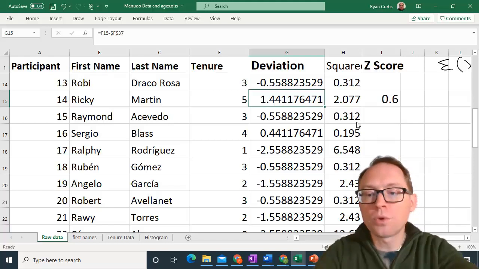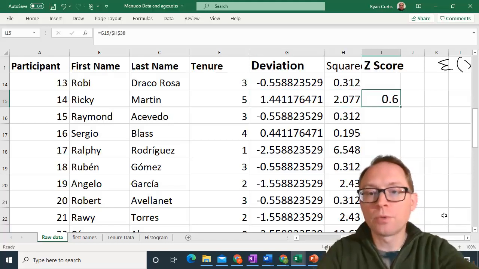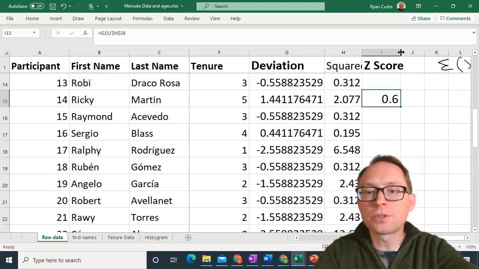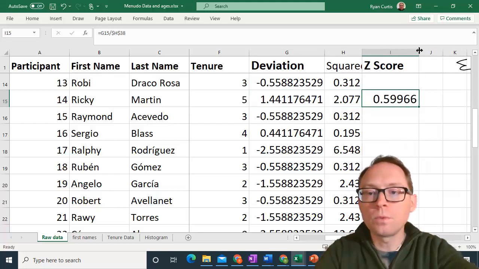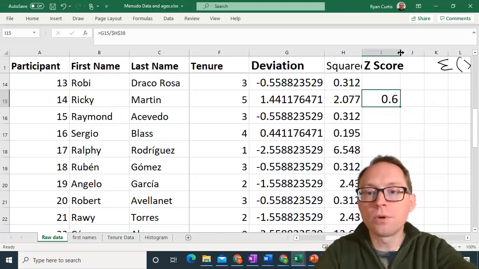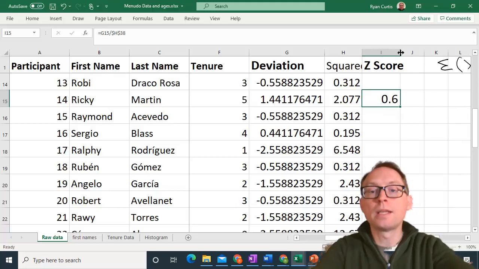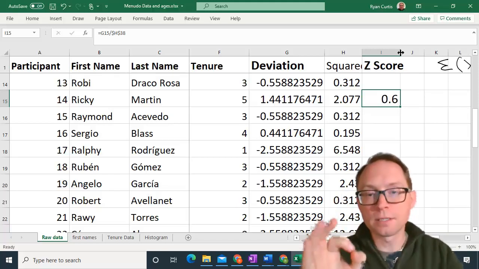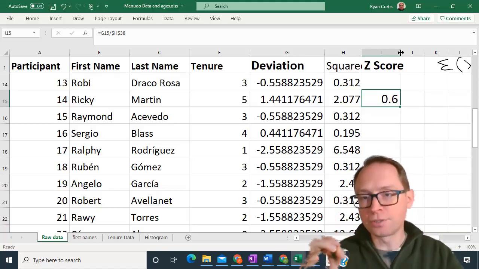We squared that deviation in order to find the sum of squares. But his z-score, what you see right here, is 0.599, which rounds to 0.6. His z-score means that he is 0.6 standard deviations above the mean.